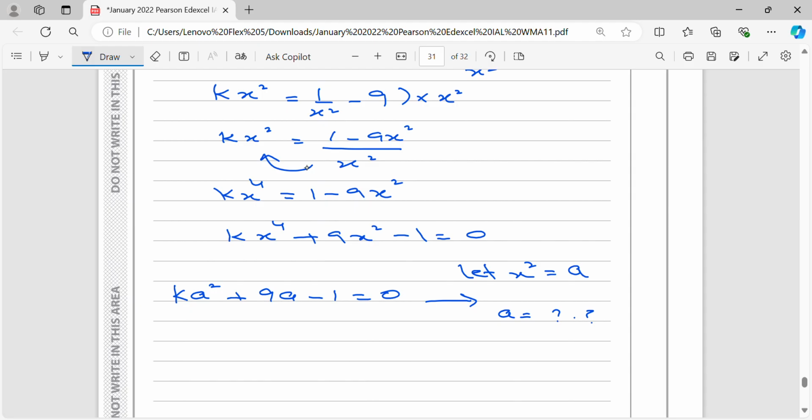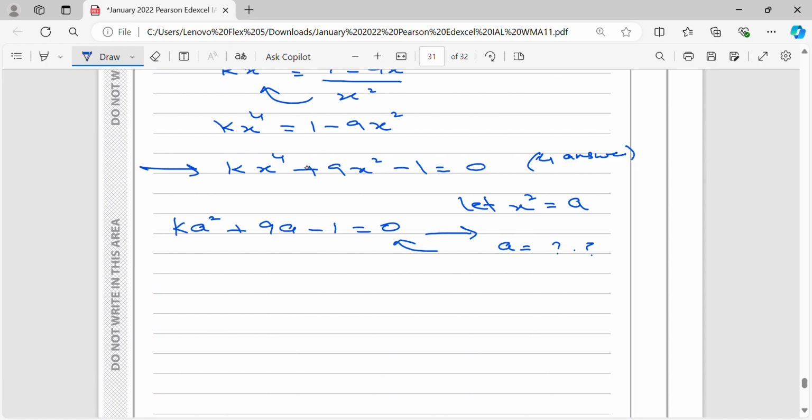So if I get two answers for this equation, then definitely I'll get four answers for kx squared plus 9x squared minus 1, right? So this means that if ka squared plus 9a minus 1 has two solutions, then b squared minus 4ac is greater than 0 for two solutions.